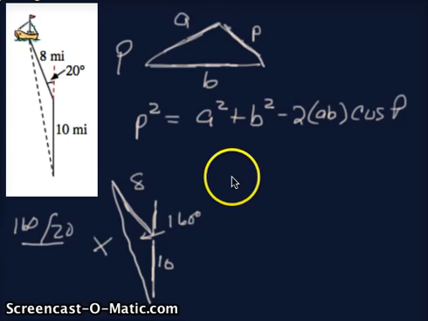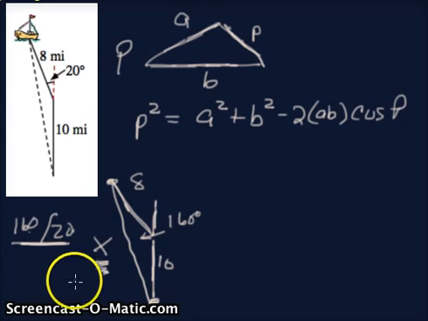So I'm trying to find x here, which is the distance from port to where the boat ended up. Okay, now I know that on a linear pair from high school, if this is 20 degrees, that's 160. So here's my triangle, and notice I do not have a pair.